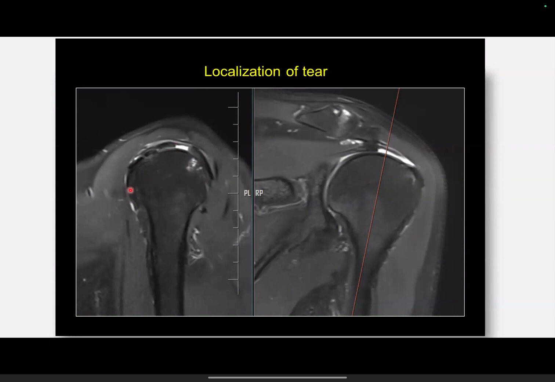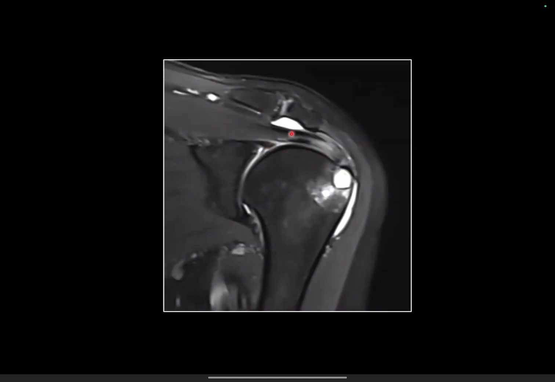For retraction of subscapularis and teres, or subscapularis and infraspinatus, we should see axial images. Then there is another important finding: the subcortical or cortical cyst at the attachment of the supraspinatus tendon.